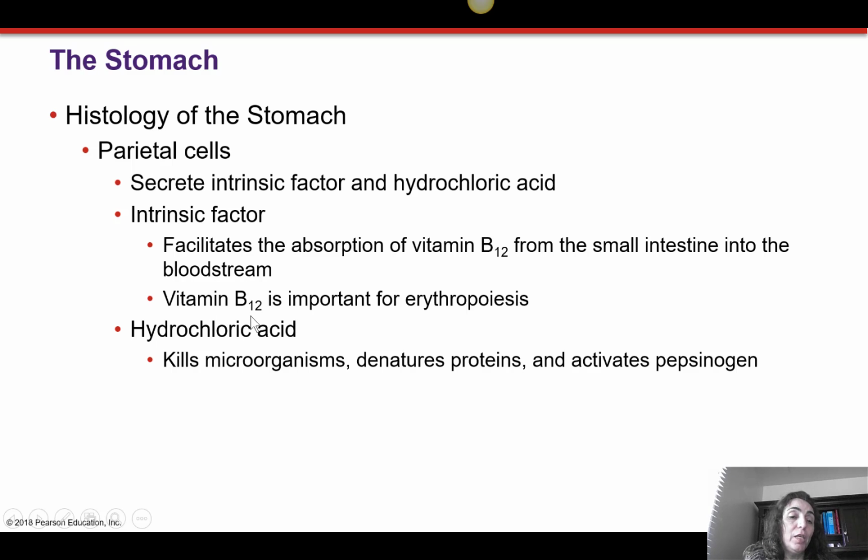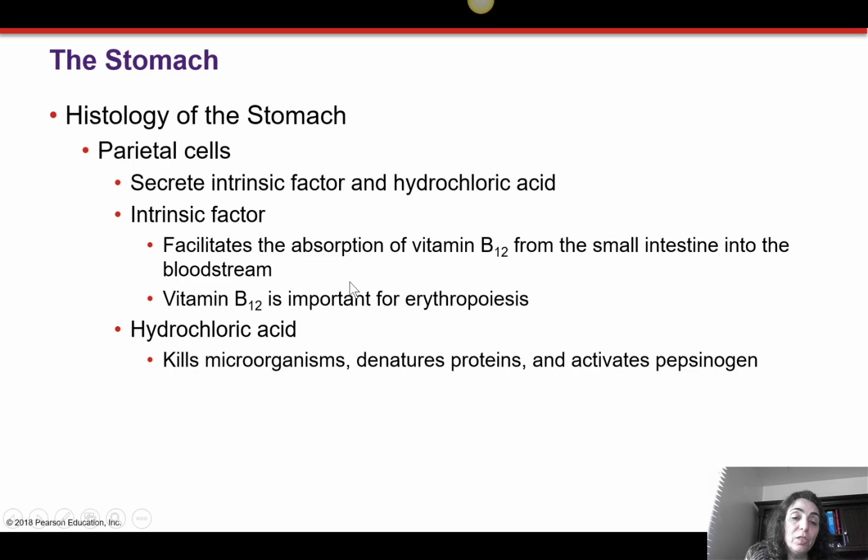Vitamin B12 is essential and important for erythropoiesis. You remember, erythropoiesis is the production of red blood cells, right? We need vitamin B12, but vitamin B12 cannot be absorbed alone. For vitamin B12 to get absorbed into the blood and get into the system, we need the intrinsic factor.